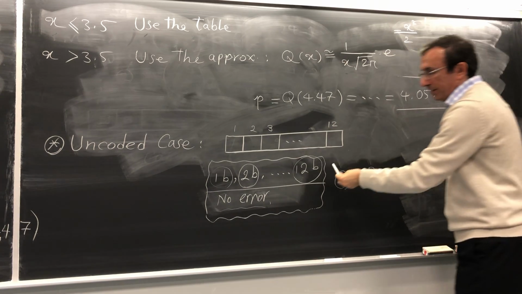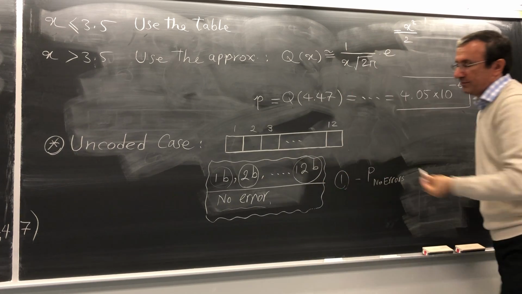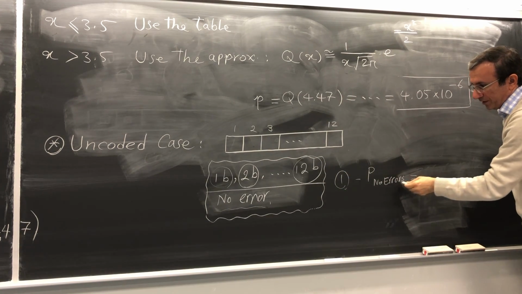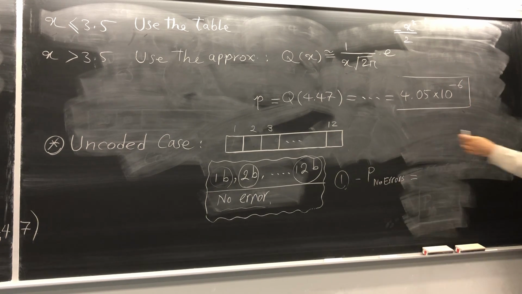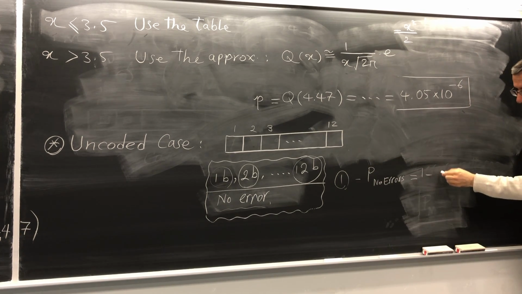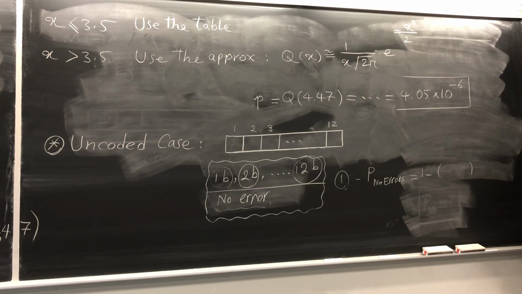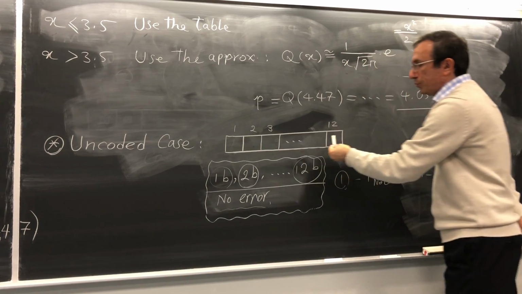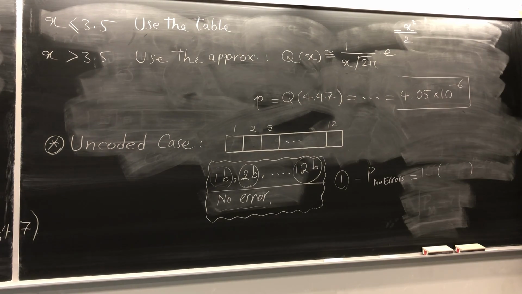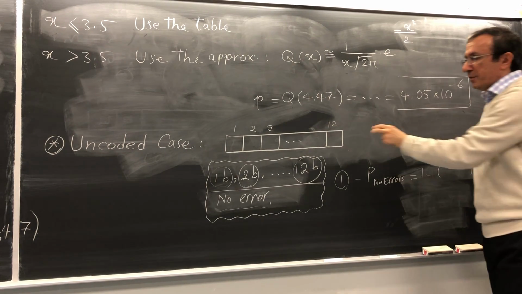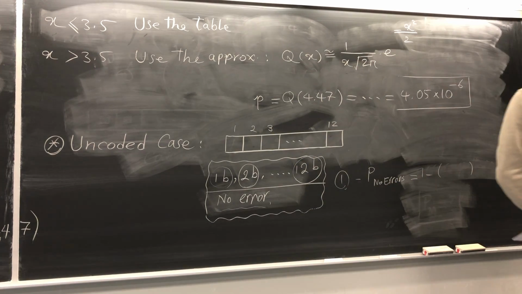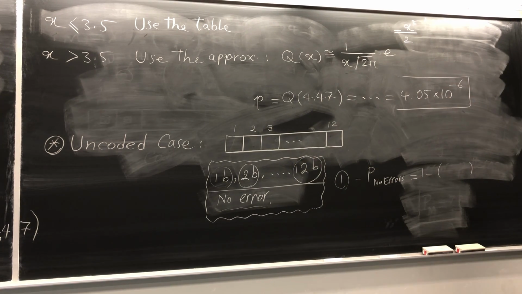Instead of finding a summation of 12 terms, we figure out the probability of no errors, and then 1 minus that probability. So for the probability of no errors in 12 bits, we know that the error in each one of the bits is totally independent from the error in other bits.